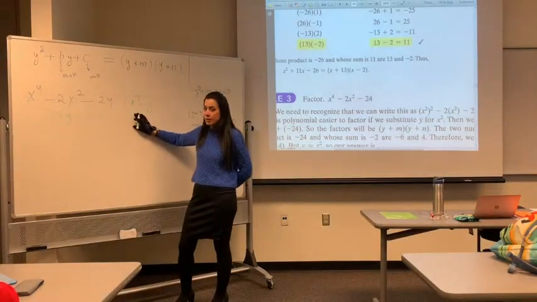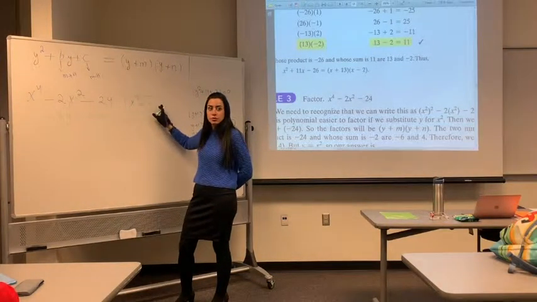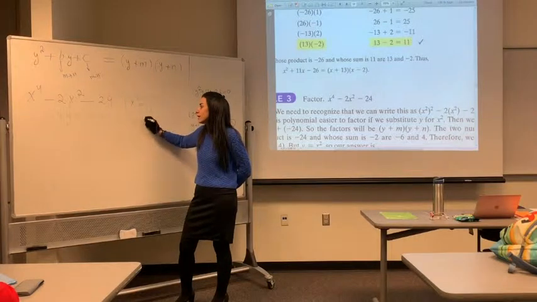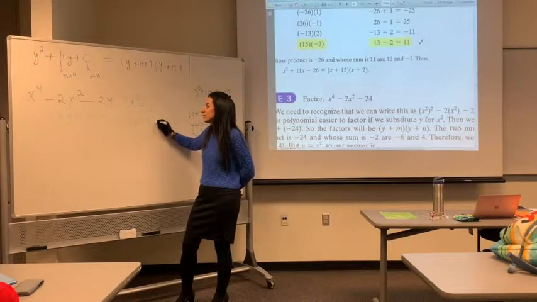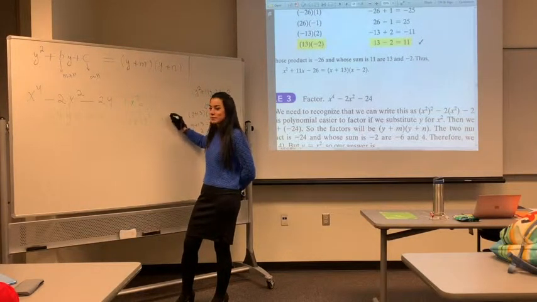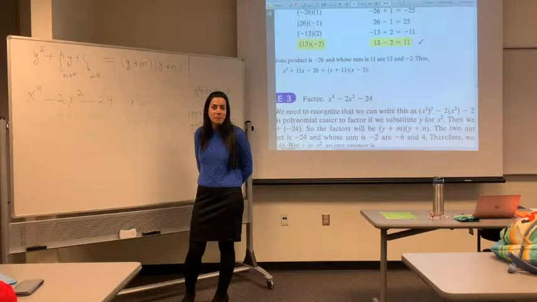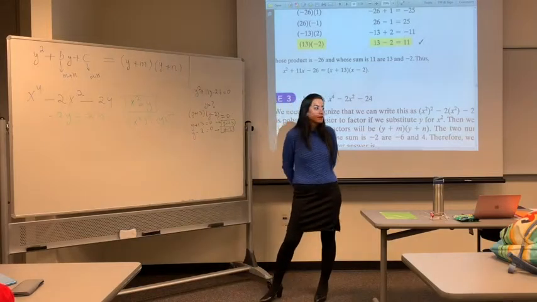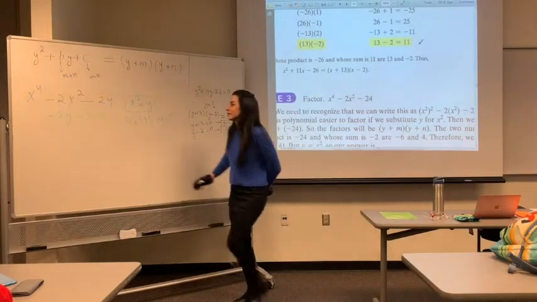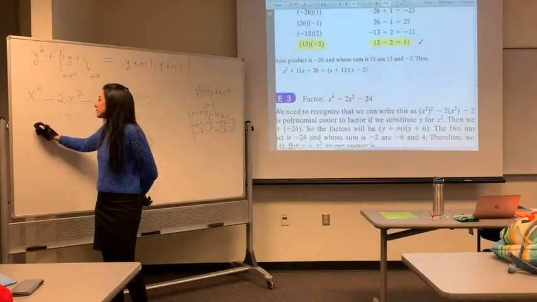So I will show you here. If x power 2 is y, x power 4 is y squared, right? Is this correct? So it's y squared.